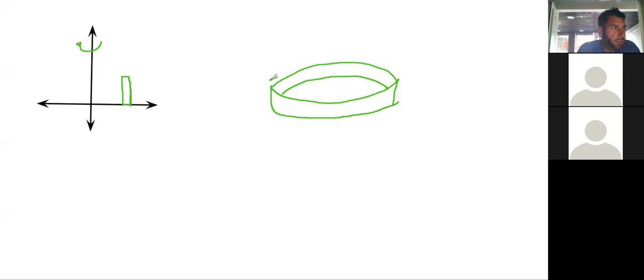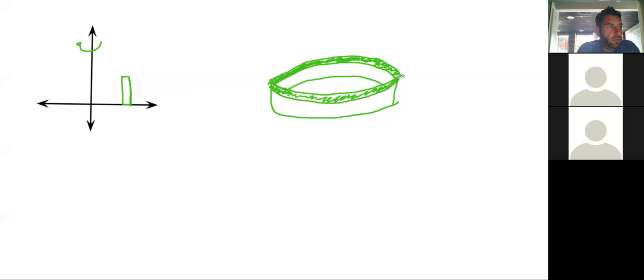But it has a little thickness to it because it, of course, is a rectangle. So if I try to sort of color this in, this is sort of like the top of it.